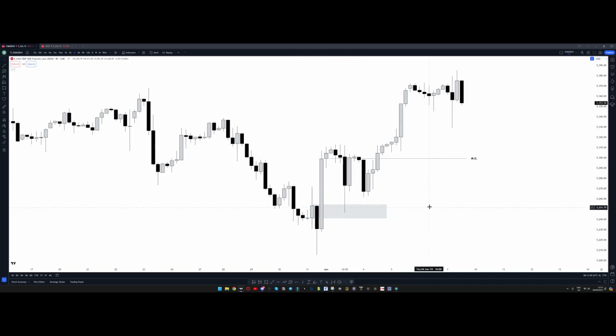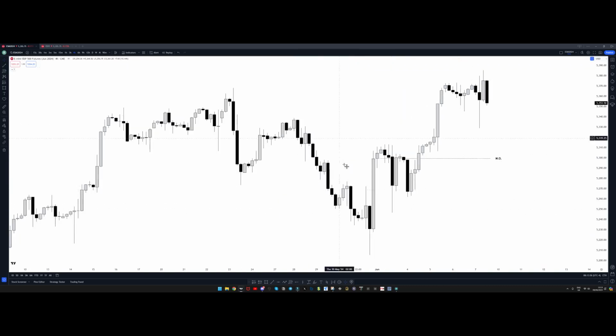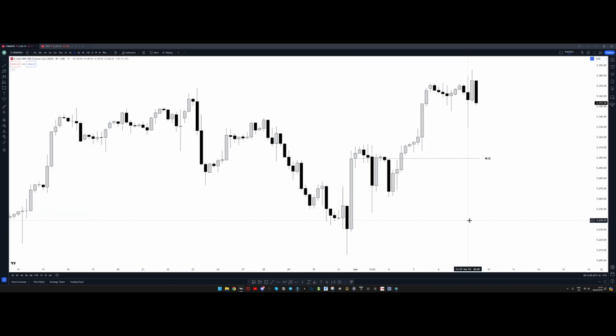The reason I'm explaining this is because the unicorn model is fractal, works on the yearly, the monthly, the weekly, the daily. When you see a unicorn model forming on the 4 hour, we can anticipate bullish prices, knowing that first we're going to take this high and then possibly go back to all-time highs, which is what I was anticipating. It's as simple as that.